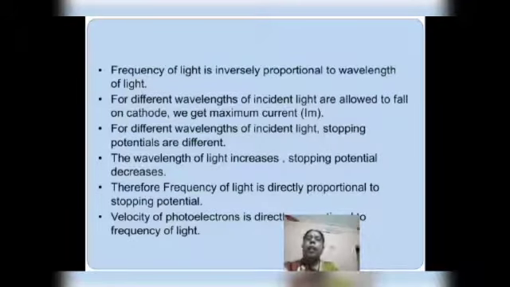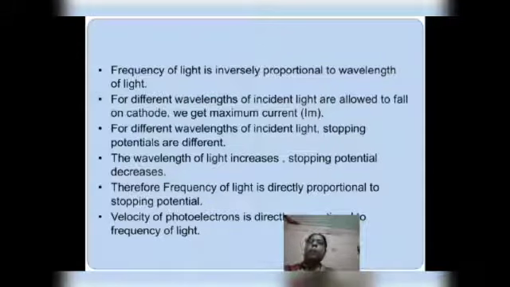When we make different frequencies of light fall on the surface of the cathode, frequency of light is inversely proportional to wavelength of light. For different wavelengths of incident light allowed to fall on the cathode, we get maximum current. For different wavelengths, the stopping potentials are different.